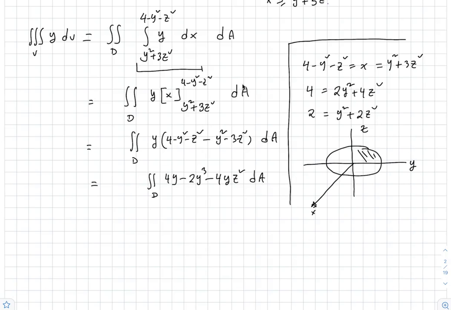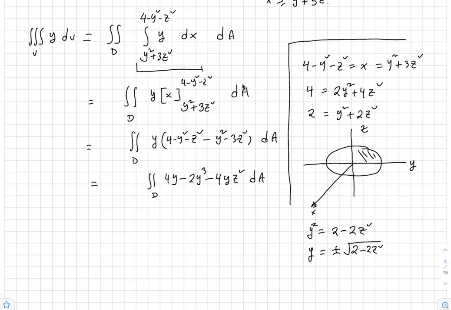If we look at this ellipse, we can go two ways. So let's say we try to solve for y. So y square equals 2 minus 2 z square. So y equals plus or minus square root of 2 minus 2 z square. Okay, so y equals square root of 2 minus 2 z square.